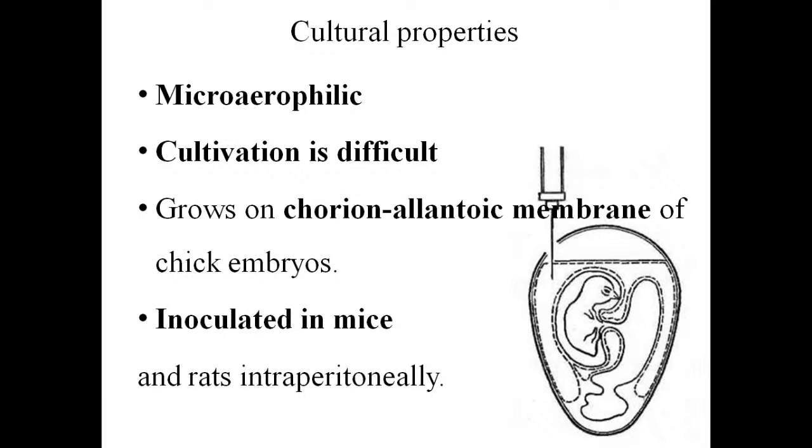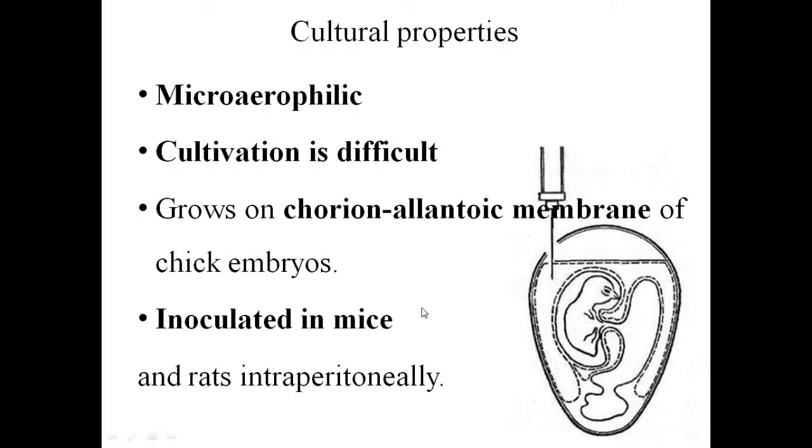This bacteria can grow on chorion-allantoic membrane of chick embryos. You can see in this picture that bacteria are inoculated via syringe into chorion-allantoic membrane of chick embryos. They develop there.